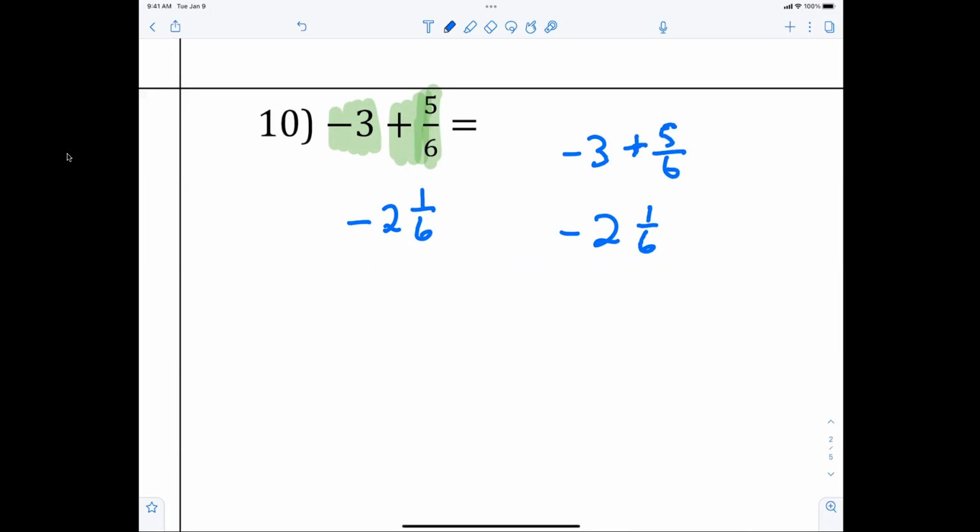All right, Liv, what? Number 10? 3 pizzas and you eat 5 out of 6. What do you have left? What you're doing is you're asking me this question.